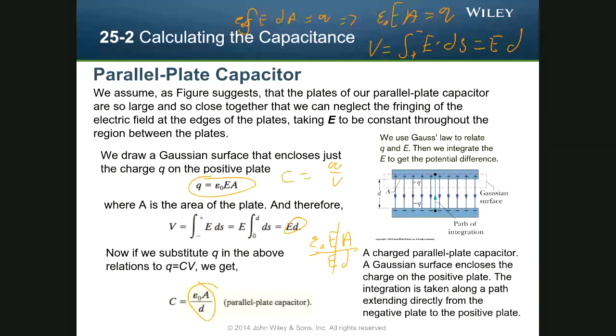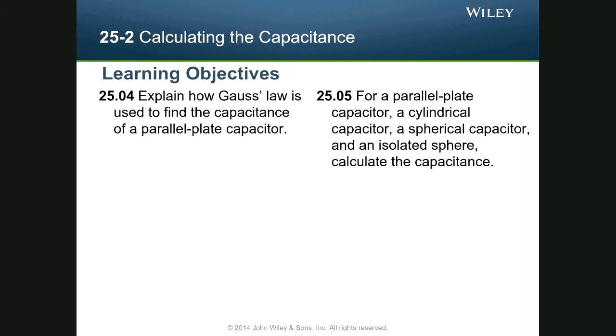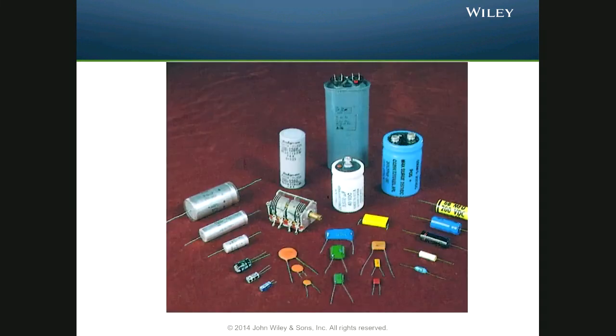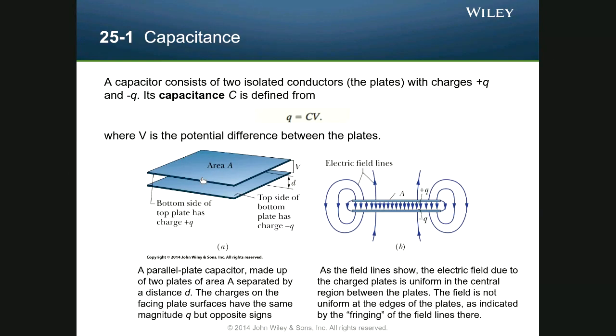All right. So what I want to point out to you is that you'll notice that the capacitance depends fundamentally only on, going back to the first slide, the area of the plates and the distance between them. Okay?